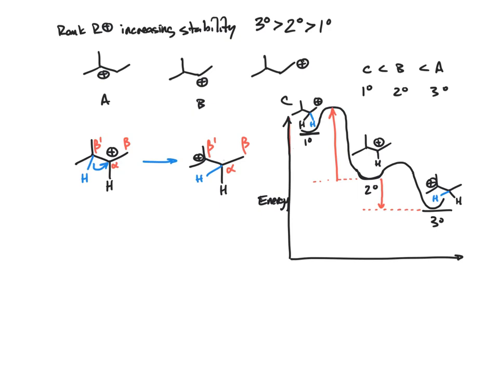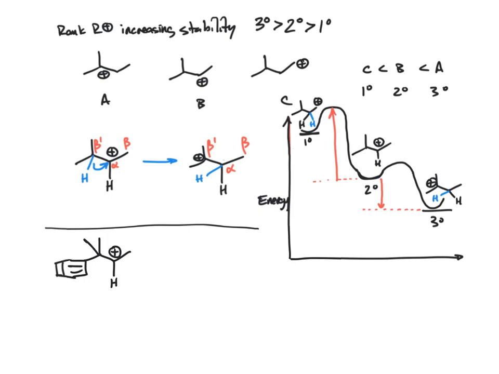Let me take another problem from the book here. So this is what type of carbocation? It's secondary.